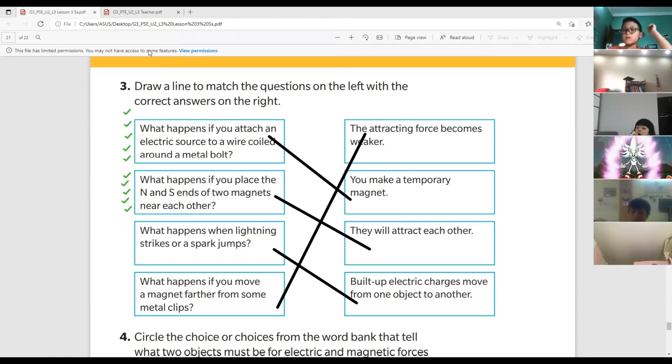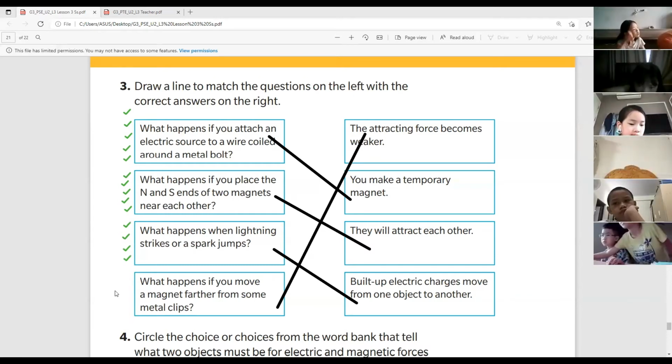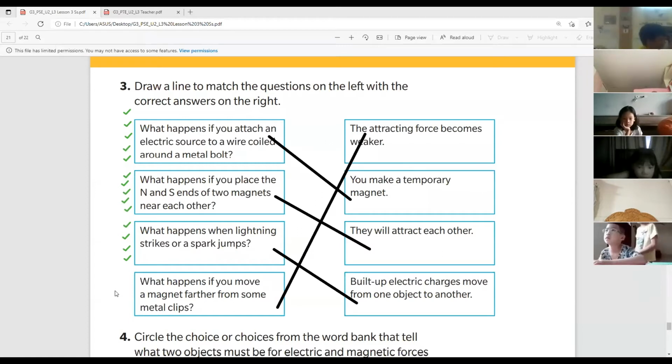Okay, this is correct. And then let's have Sarah, can you read the last one for us? What happens if you move a magnet farther from some metal clips?